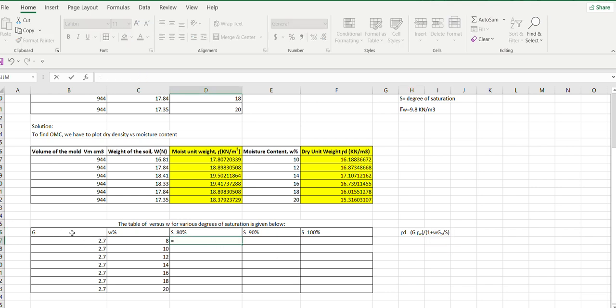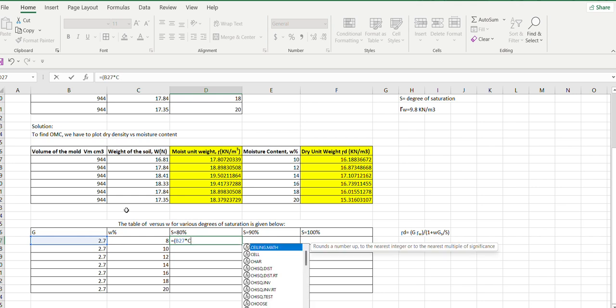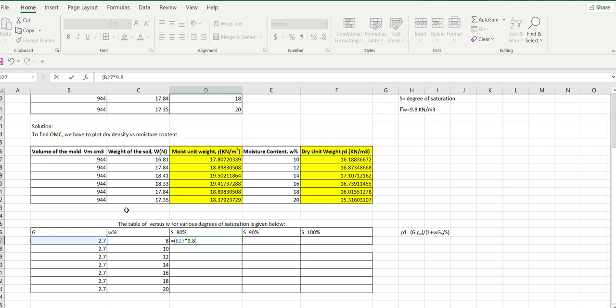We have the value of G as 2.7, and we have those moisture contents. So G times gamma W, which is 9.81, divided by 1 plus the moisture content, which is 8, times the specific gravity, divided by S, which is 80%.